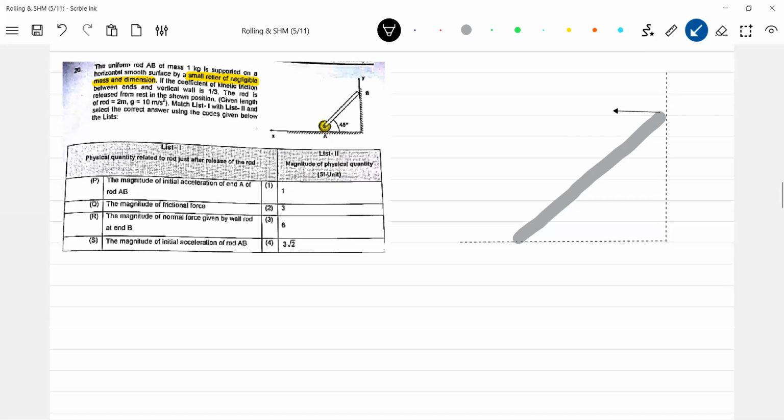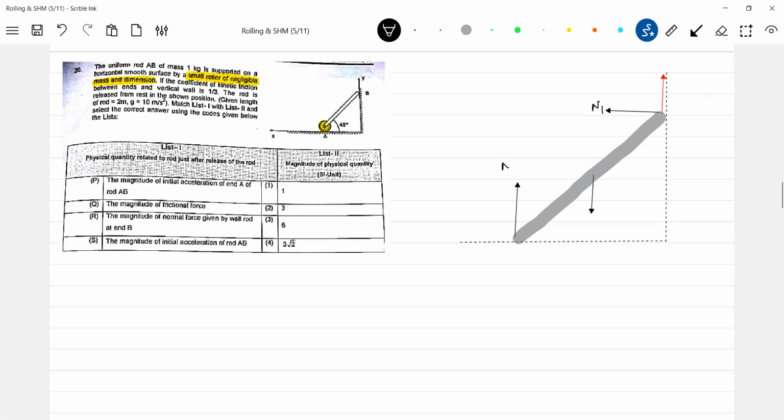Normal contact. Call this N1. First we'll list out all the forces. This will be the weight mg, then the friction. Let me give the number naming.